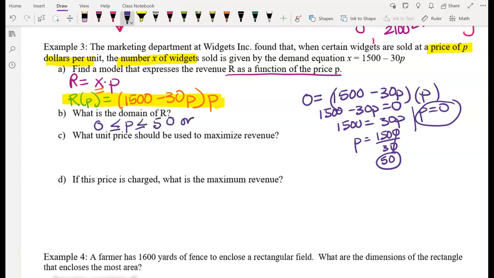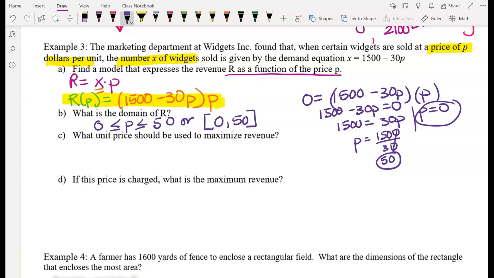You can even write it in interval notation, bracket 0, 50, bracket close. What unit price should be used to maximize the revenue? So this is when we are going to use a calculator if you want, or find the vertex, right? Now the vertex, since it is a quadratic, and it has zeros at 0 and 50 on the x-axis, we can find the midpoint as well.